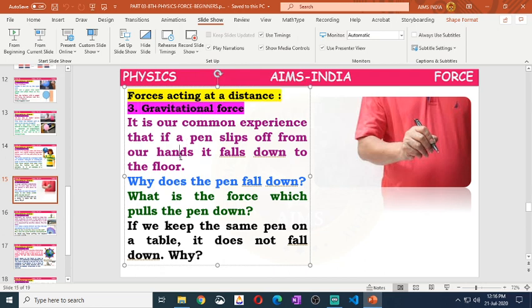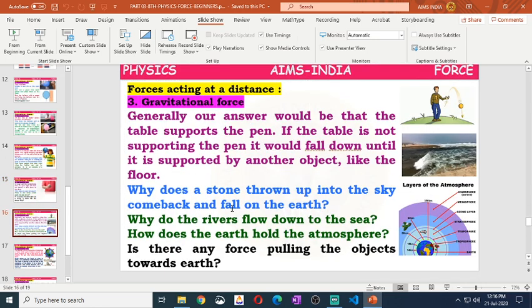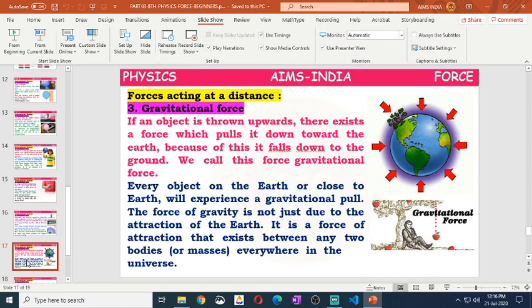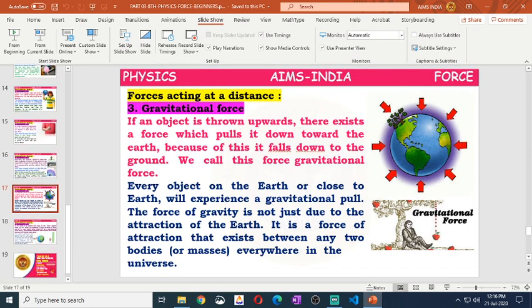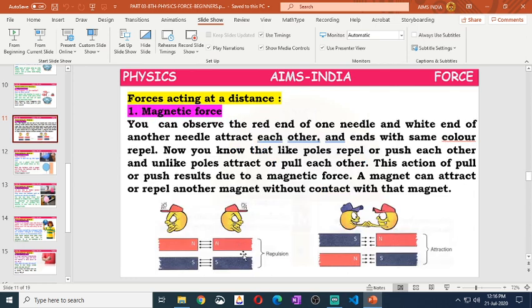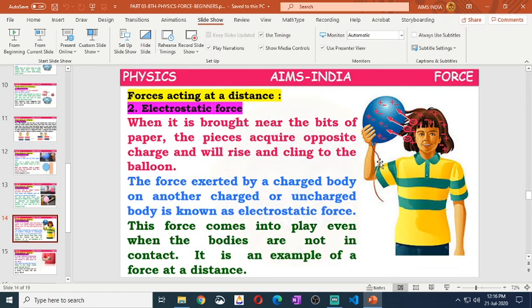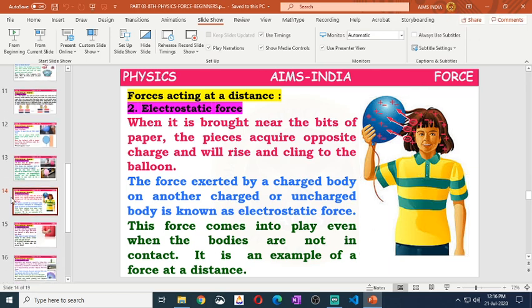Next, gravitational force: between any two masses, an attraction force will work. Magnetic force can be attractive or repulsive; we can observe both. Electrostatic force is also attractive or repulsive; we can observe both.